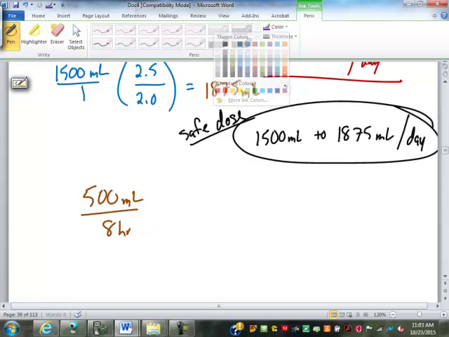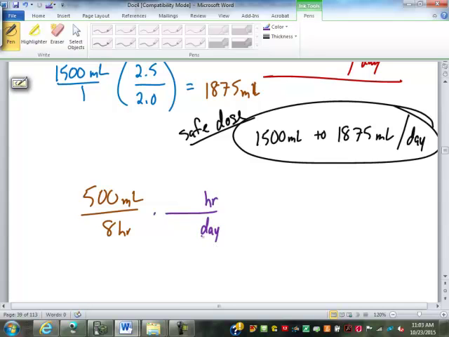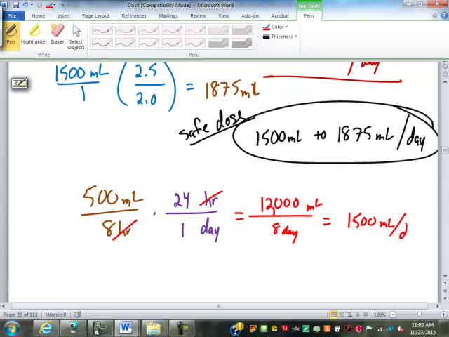I'm going to go through the formal conversion just because that's what they pay me for. 1 day is 24 hours. The hours cancel out. 500 times 24 is 12,000 milliliters in 8 days. That divides out to be 1,500 milliliters per day. Is that a safe recommendation, a safe order? Yeah, the doctor's order is safe.